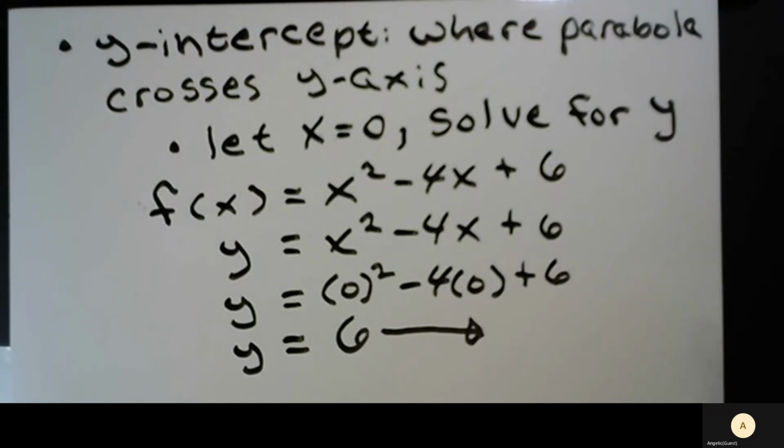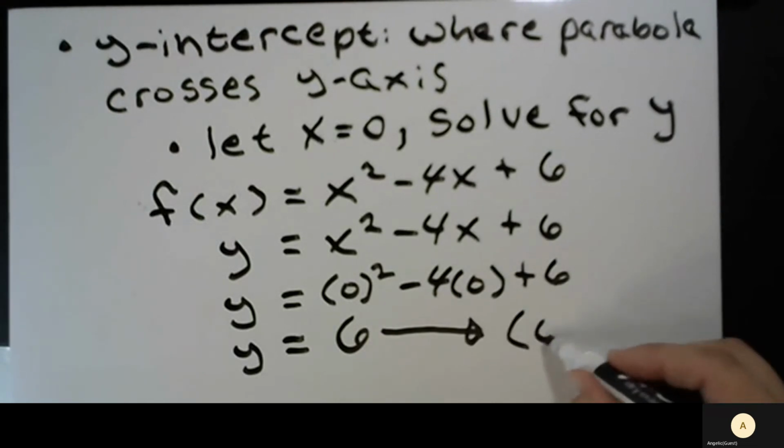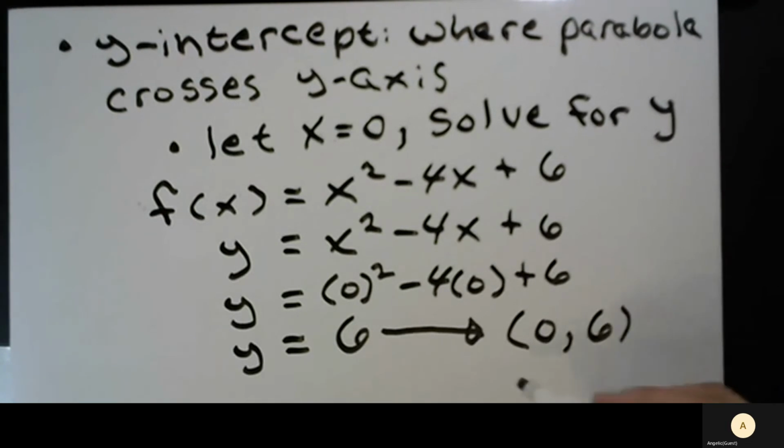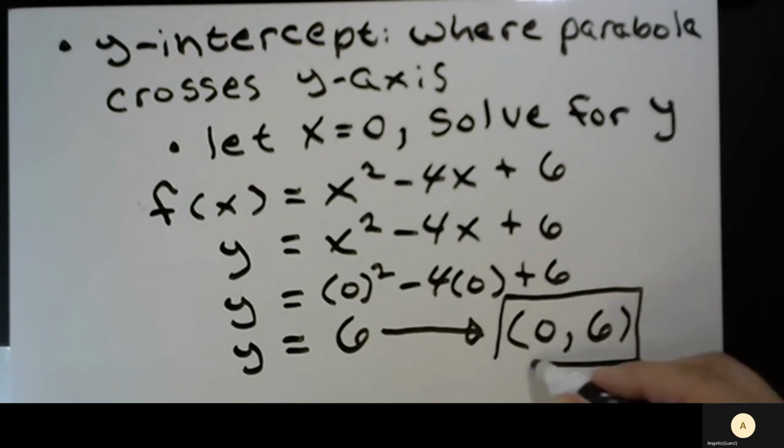So what this means is our y-intercept, x was 0, and when it is, y is going to be 6. So that's how we find the y-intercept. Now, the x-intercepts are going to be a little different.